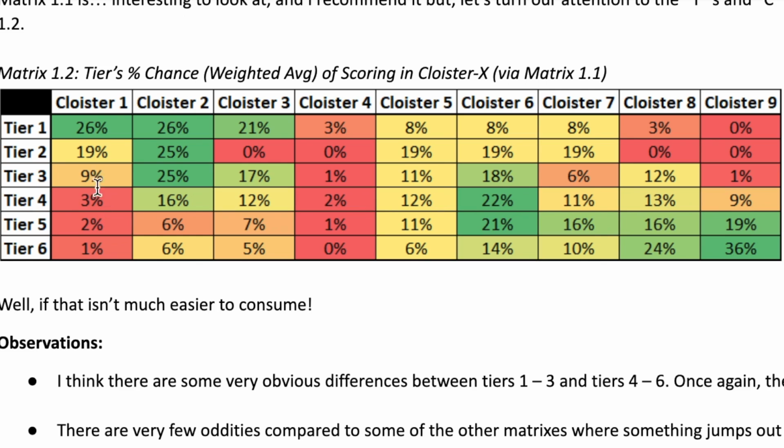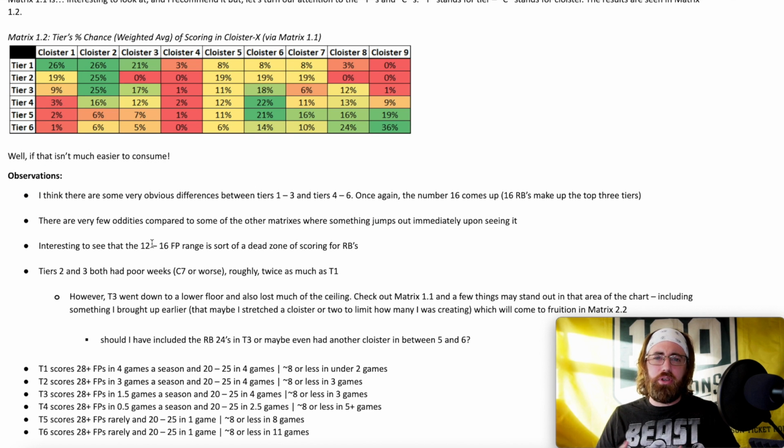So just to quickly describe what we are seeing here. For example, tier 1 running backs scored within cloister 1's output in 26% of their games. Now, without going back up and looking at what the output is for cloister 1, that can be a bit cumbersome.